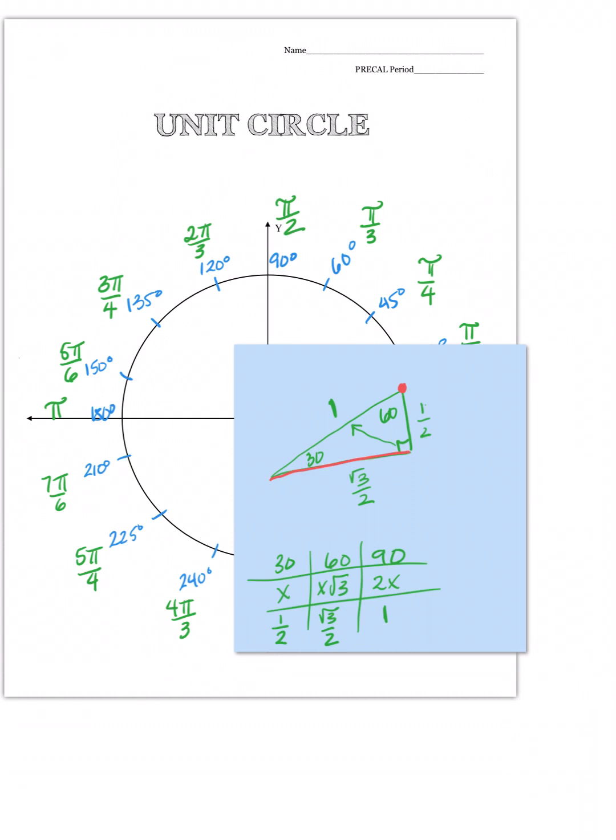The horizontal distance is also known as your x value. So that coordinate is going to be square root of 3 over 2. This distance is the vertical distance of that point, which makes it a 1/2 for the y. So my coordinate pair right here at 30 degrees is going to be square root of 3 over 2, comma, 1/2. There's my x and y.